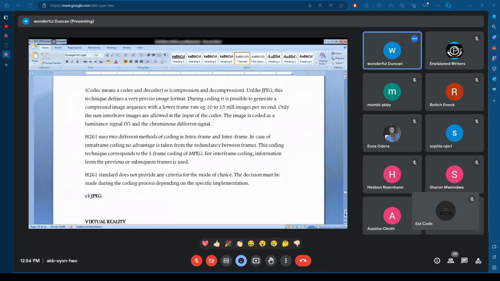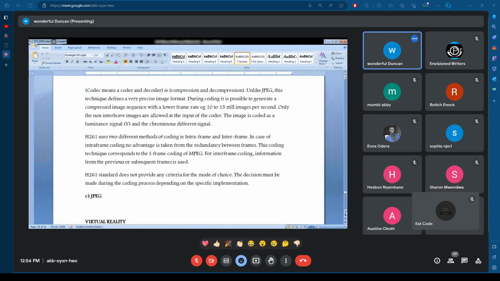For interframe coding, information from the previous or subsequent frames is used.